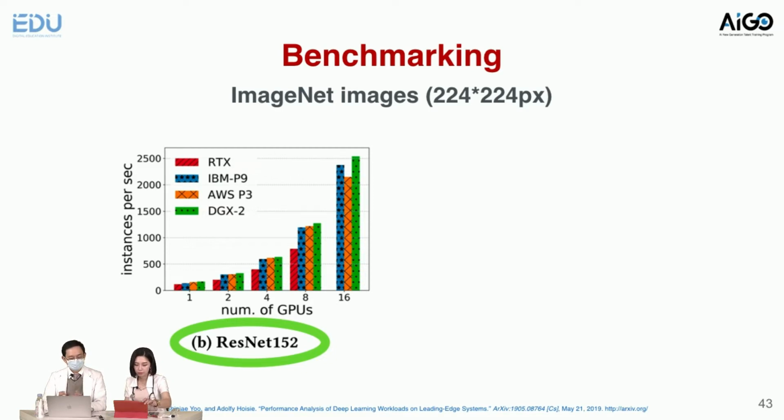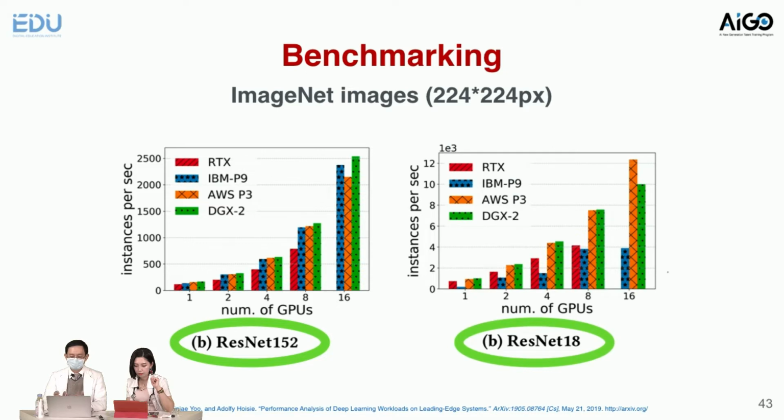And in this large model, we can find the diagram shows the performance is proportional to the number of GPU. We say it's linear. It has linear correlation. But in another model, ResNet 18, it shows not exactly proportional to the number of GPU.